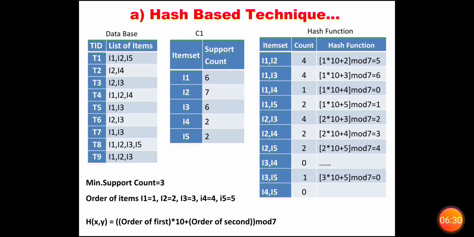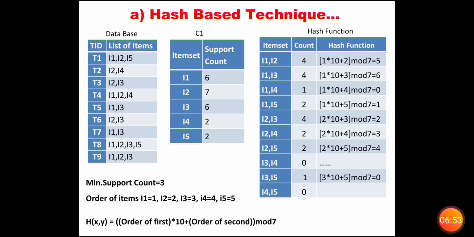Here we have 3 columns: the first column is item set, then count, then hash function. In the item set, we take 2 items. In C1 we have single items like I1, I2, I3, I4, I5.